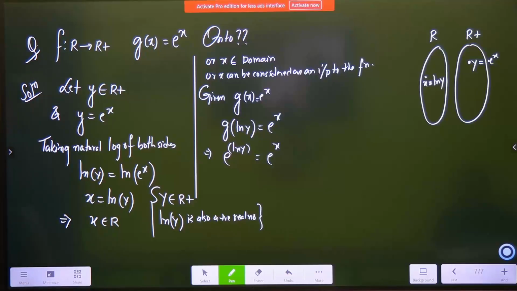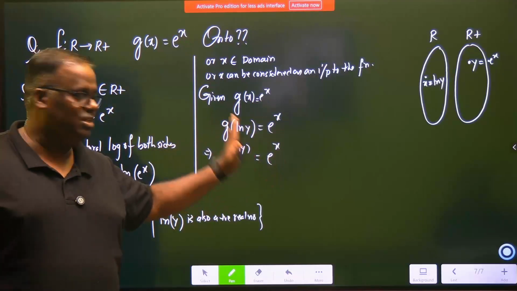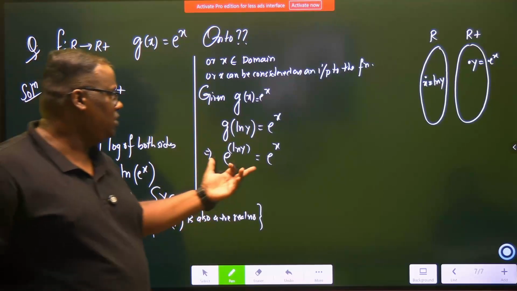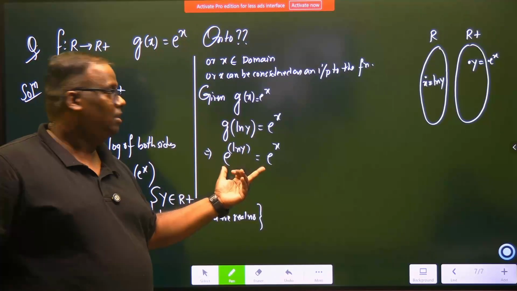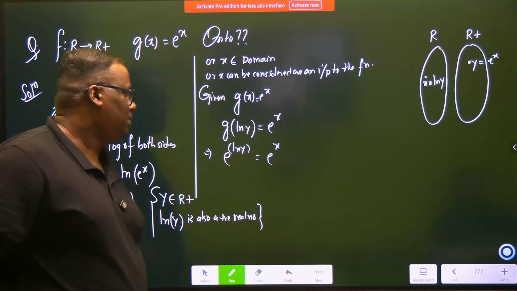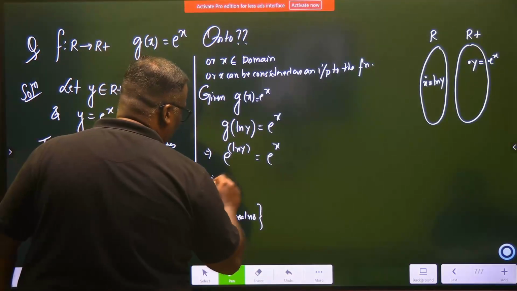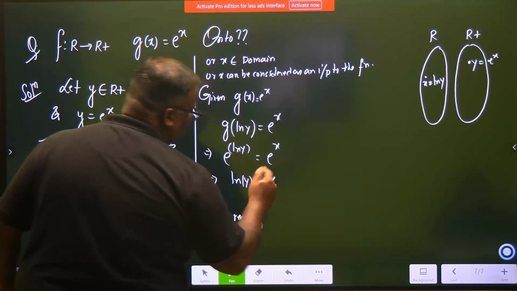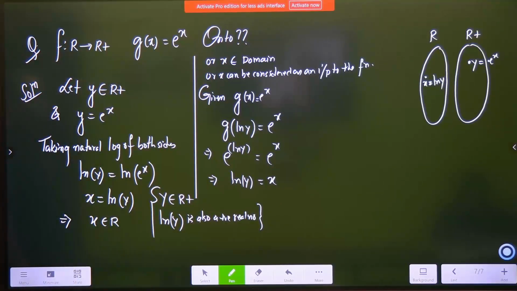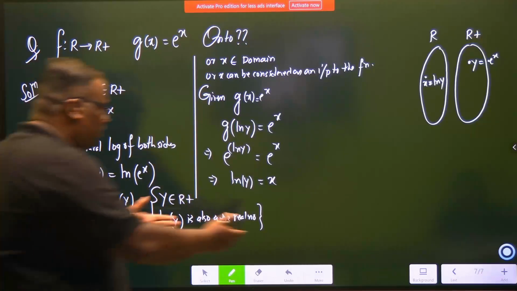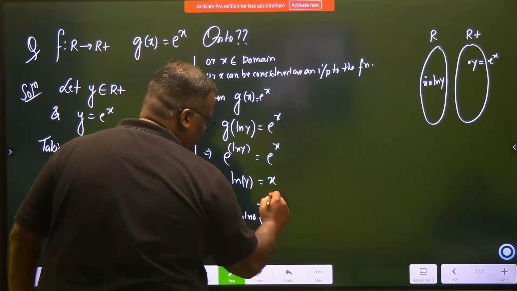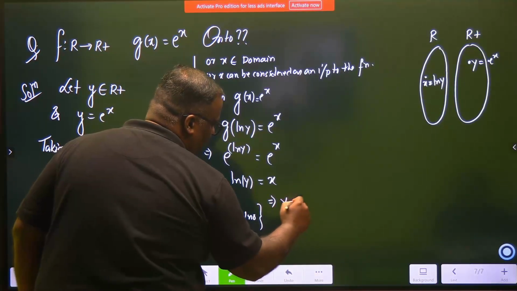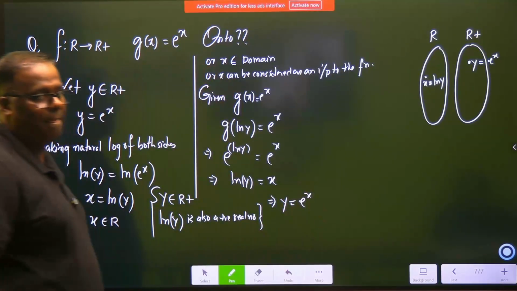Clear? We are not disturbing this side, we are just disturbing this side. Now these are exponents. If bases are same, then exponents must be same. So can I now write ln of y is equal to x? Now you again take exponents of both sides, so this becomes y equal to e to the power x.